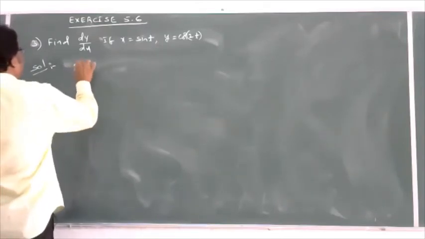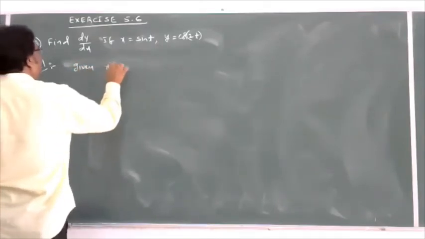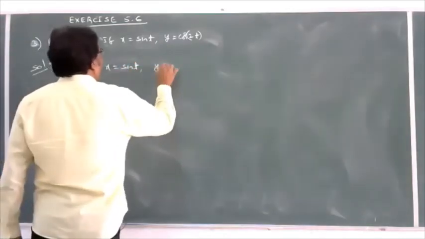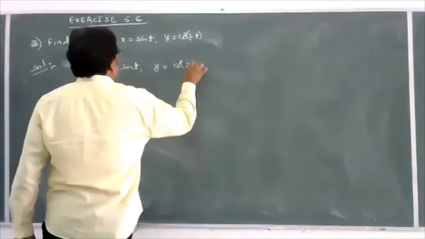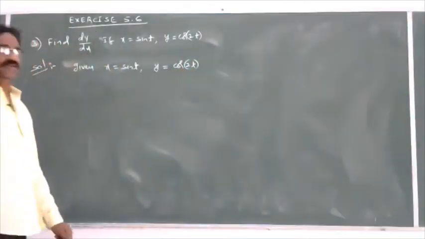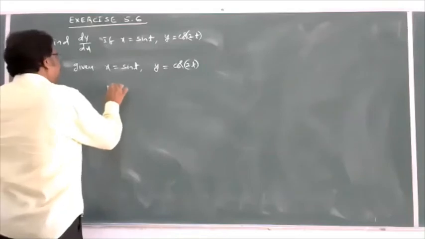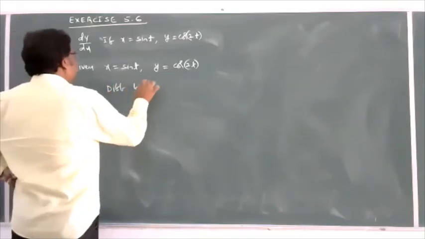So, solution. Given x is equal to sin t and y is equal to cos 2t.